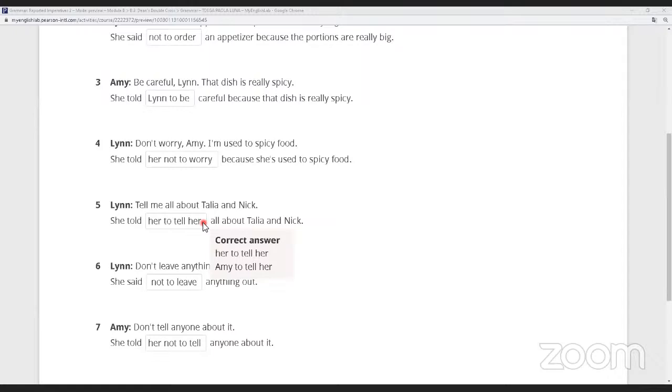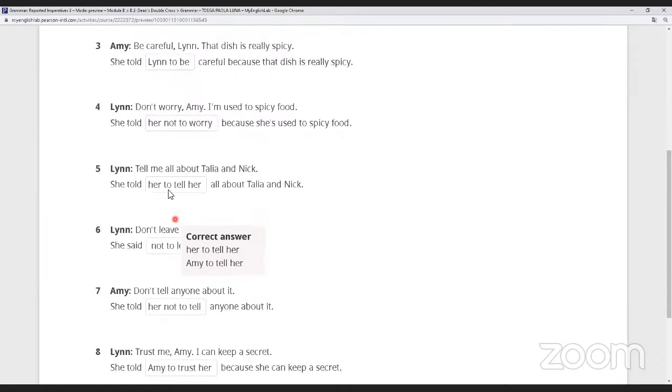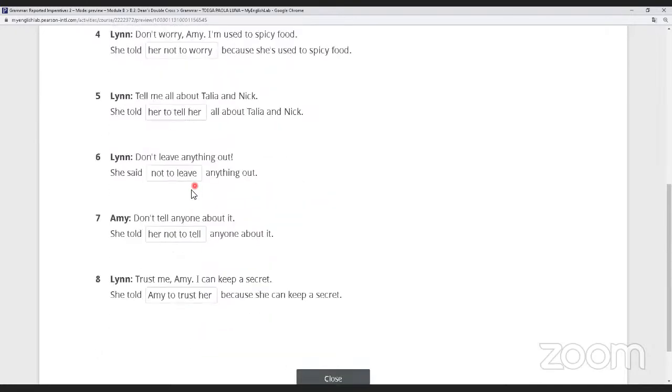Si es que no tuviéramos tal vez la conversación, o si es que tal vez habría algo como you, right? En este caso, sí hay. Entonces, si hay el listener, es Amy, right? Entonces, esto sería lo único, y después se ha cambiado tal cual el objeto, así que estaría bien. She told Amy to tell her, right?